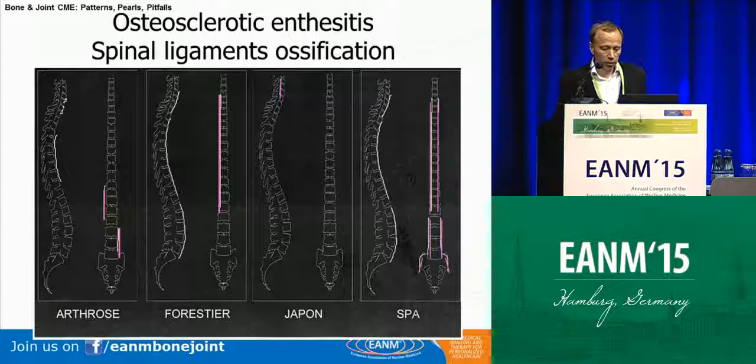For DISH, you got the antero-right aspect of at least several bodies of the thoracic spine. For Japanese disease, you get an ossification of the anterior common vertebral ligaments of the cervical spine. For spondyloarthropathies, you know very well the bamboo pattern at a very late stage, 10 to 20 years of evolution, but at an earlier stage, it begins with inflammation and ossification, which is already very conspicuous on bone scan.